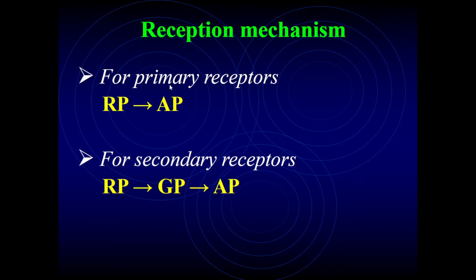Summary. For primary receptors, receptor potentials convert to the action potential. For secondary receptors, receptor potentials convert to generator potential, and generator potential is transformed to the action potential.